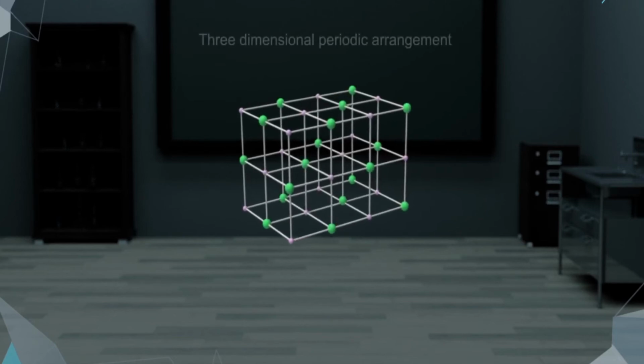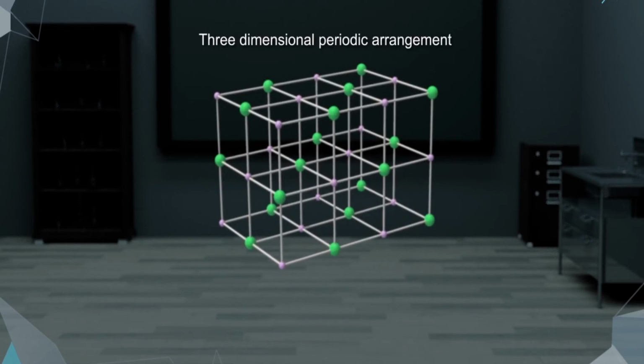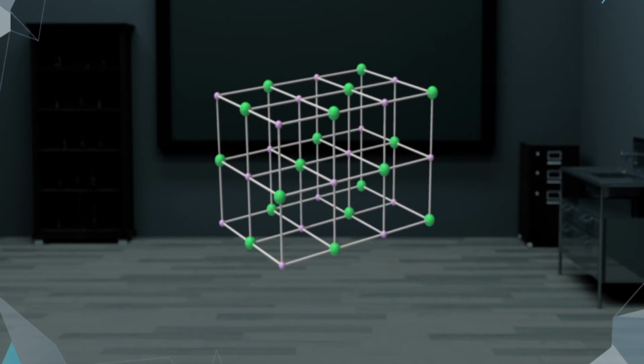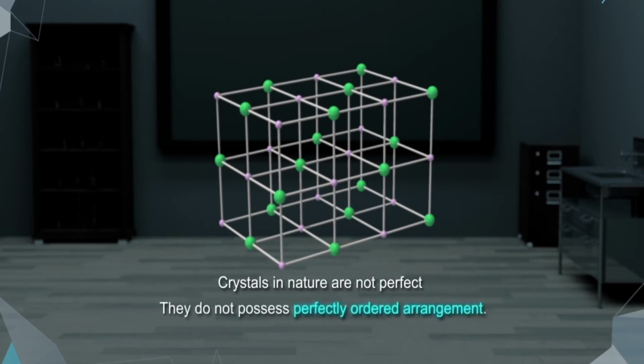The crystalline solid state is characterized by three-dimensional periodic arrangements of atoms, ions, or molecules in space. Ideally, there should be a perfect order in this arrangement. However, crystals in nature are not perfect. They do not possess a perfectly ordered arrangement.